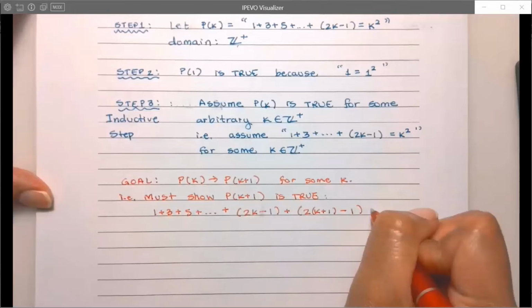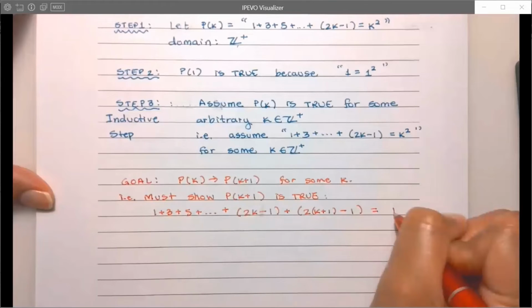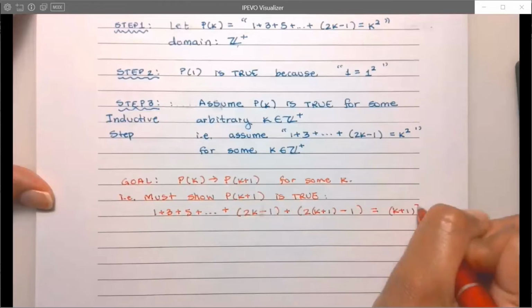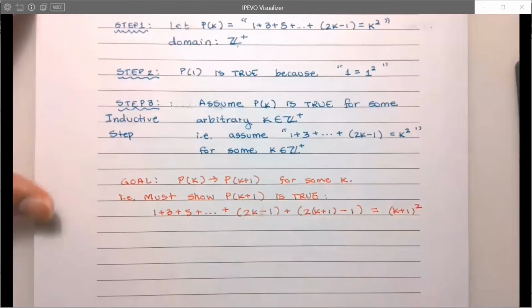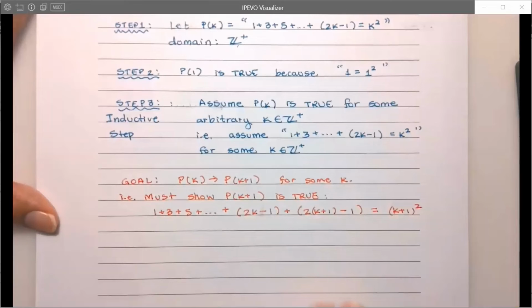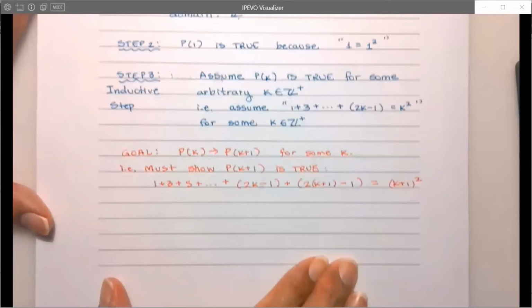We want to show that that's equal to (k plus 1) squared. Okay, so that's the goal. Now we're going to show some work for it.